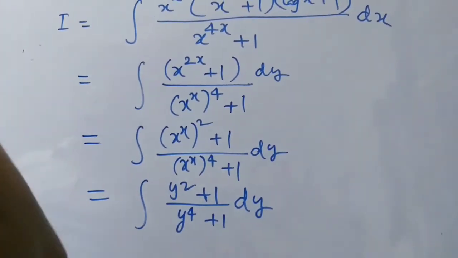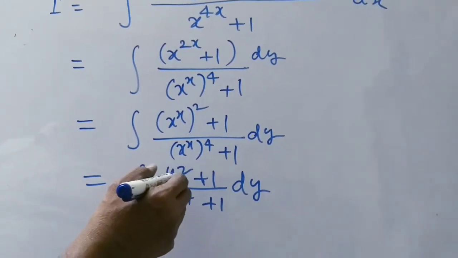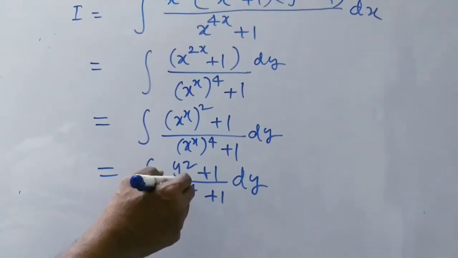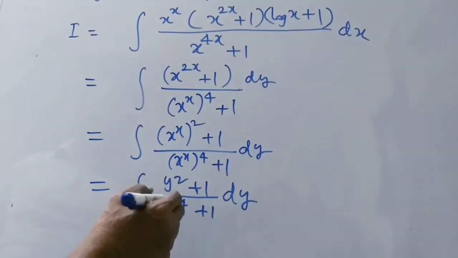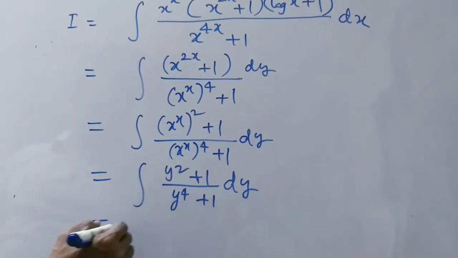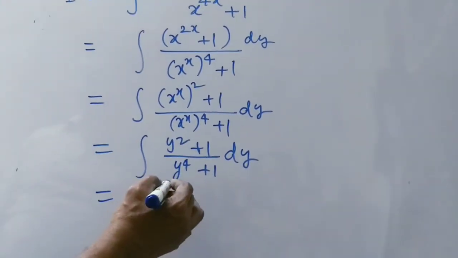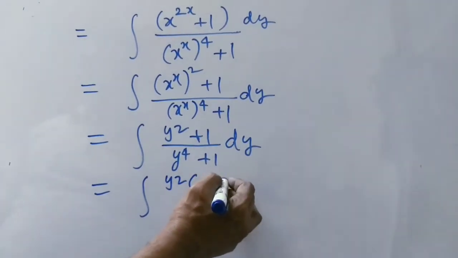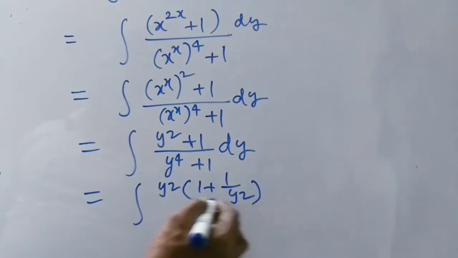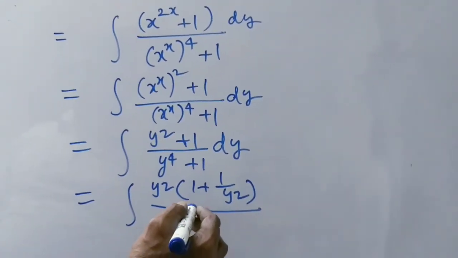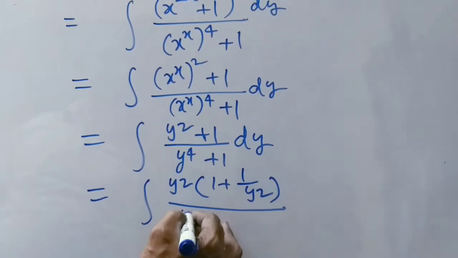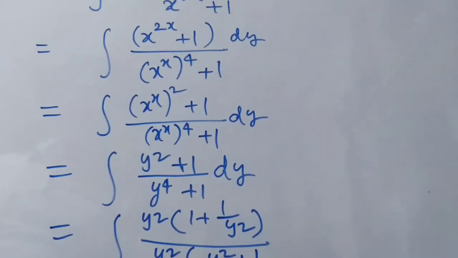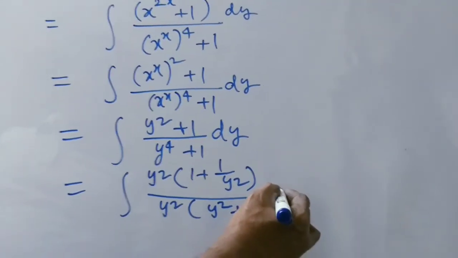Now we take y square common, dividing and multiplying by y square in this fraction. It becomes integral of y square of 1 plus 1 by y square, whole by y square of y square plus 1 by y square, dy.